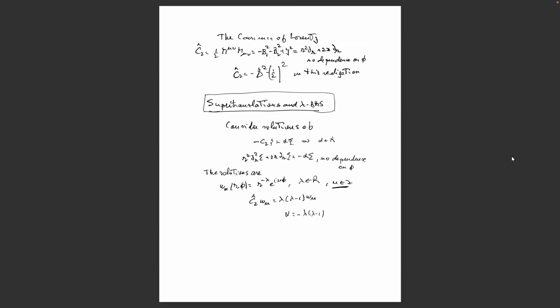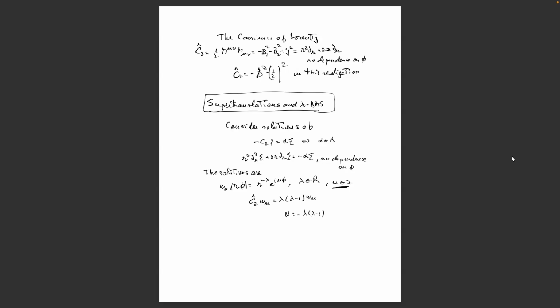Okay, here, therefore, in order to write this solution, we want to find the solution, and there's no dependence on phi. Therefore, the solutions are going to be a function of R times a generic function on the sphere S1, and we expand in Fourier modes.